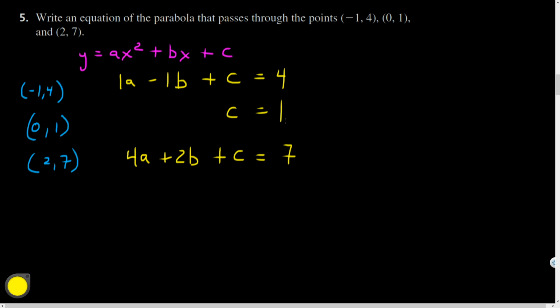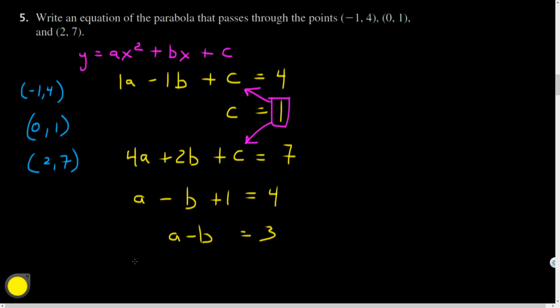If I was to solve this, I would do substitution, because this is already set up. This top equation, I would have a minus b plus 1 equals 4, which is the same as a minus b equals 3 if I subtract 1 from both sides.